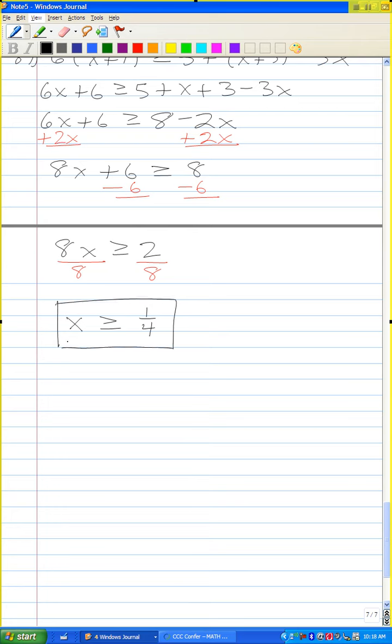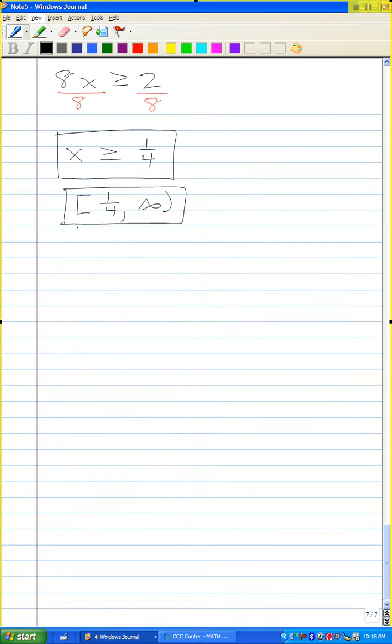This is already in standard form. It is the closed interval from 1/4 to infinity. It includes 1/4, and it includes everything greater than 1/4.